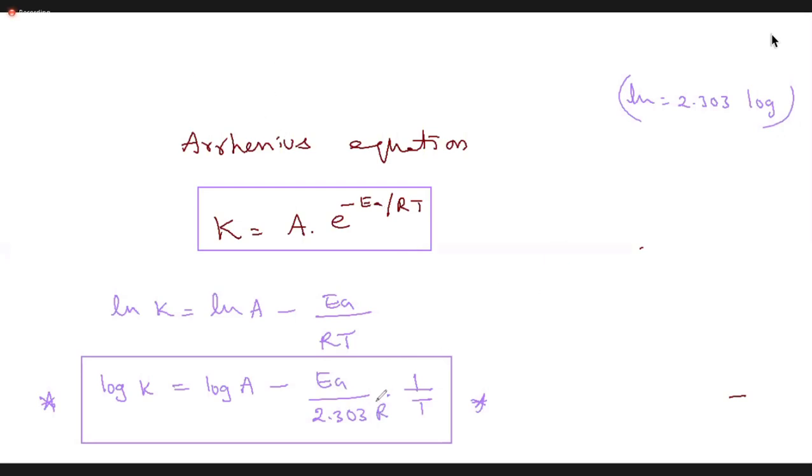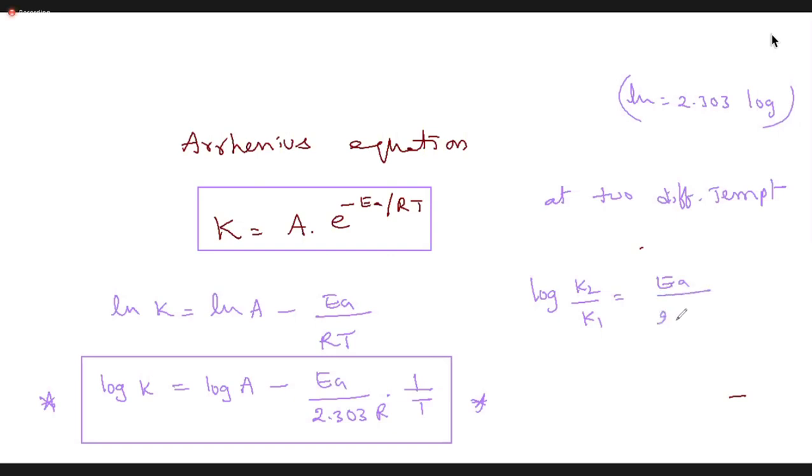This equation, now at two different temperatures, will become the ratio log K2 by K1. The log A will get cancelled at two different temperatures.